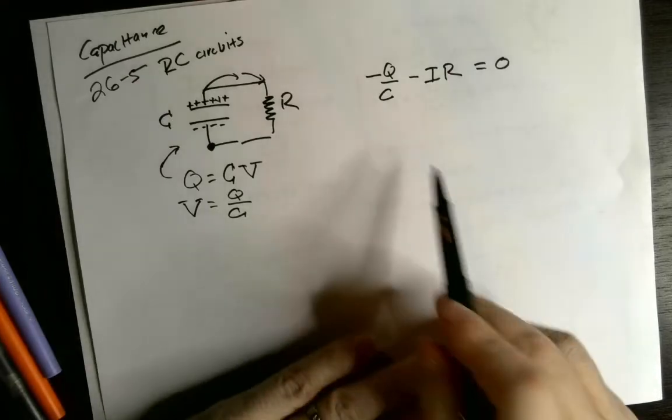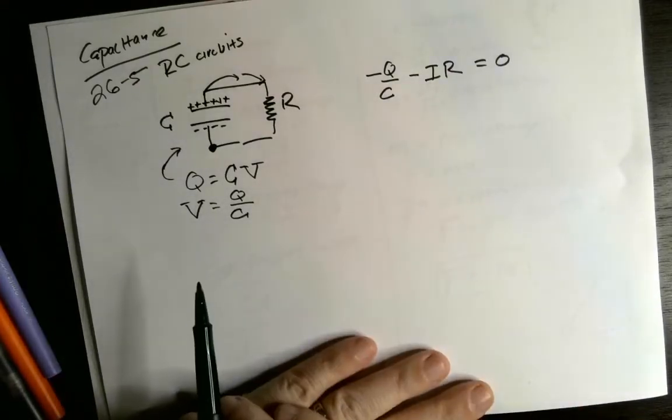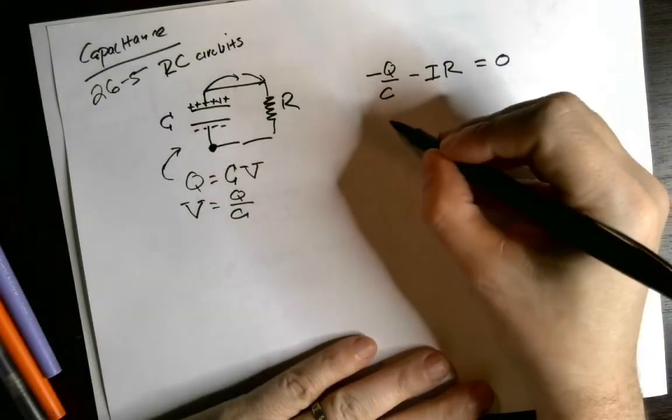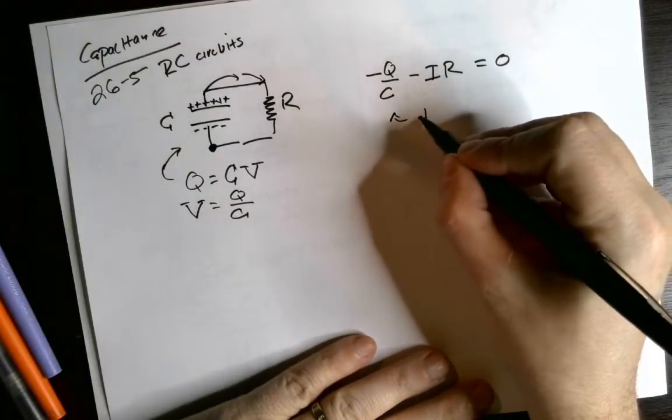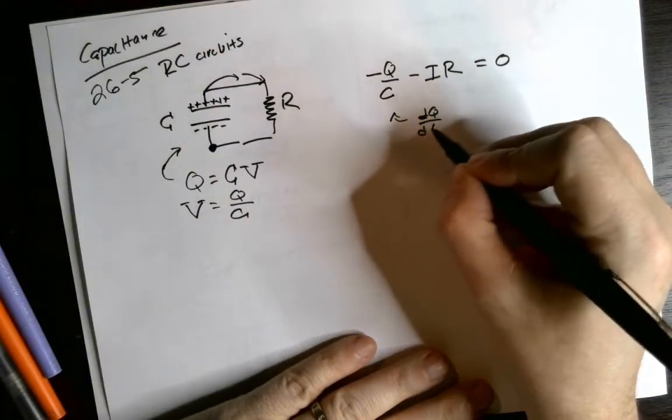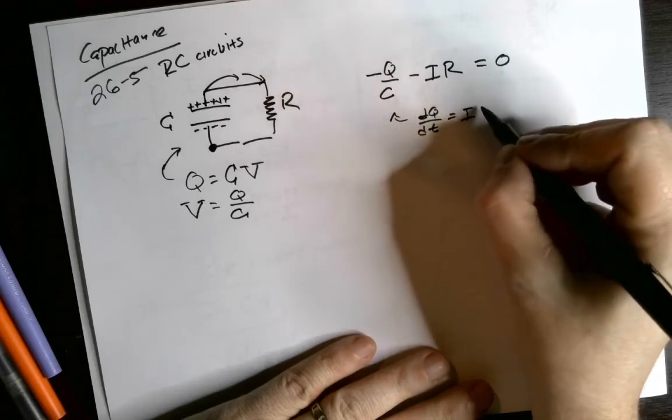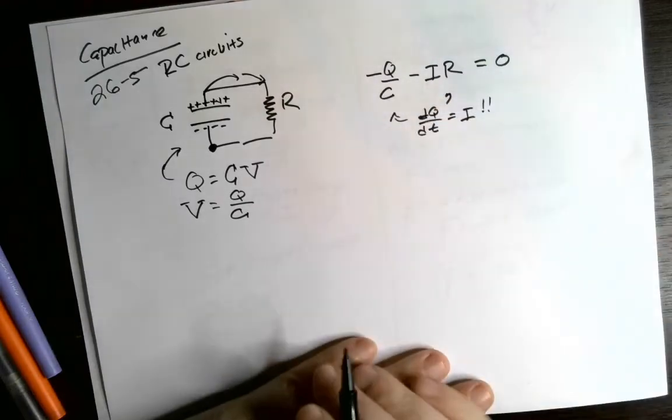That just looks like an equation about charge and current until we realize that charge and current are related by the formula: current is the rate of change of the charge.